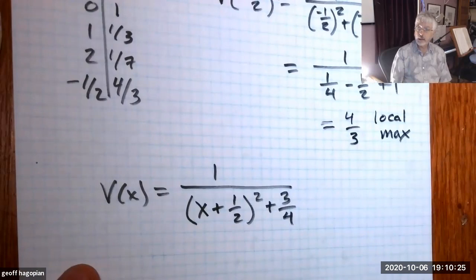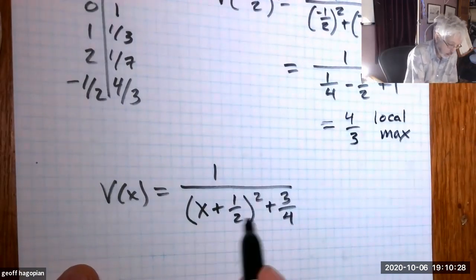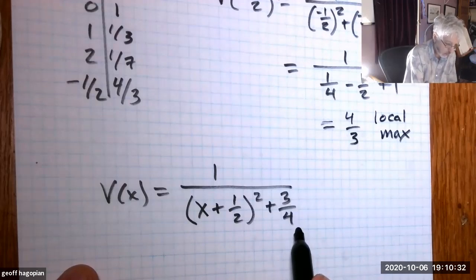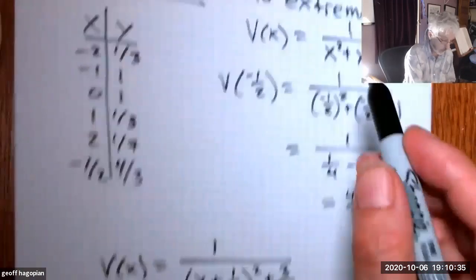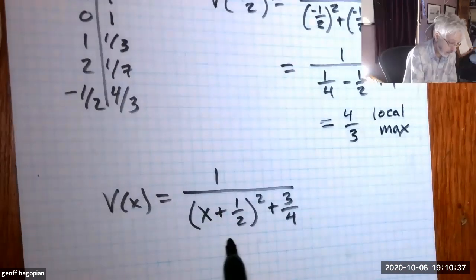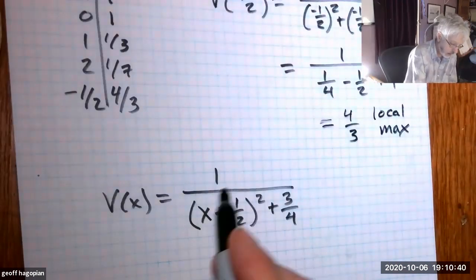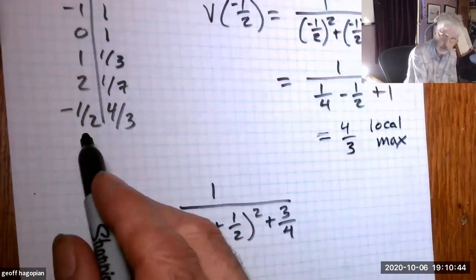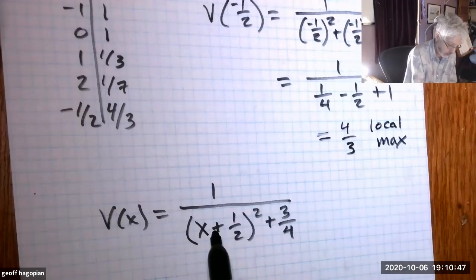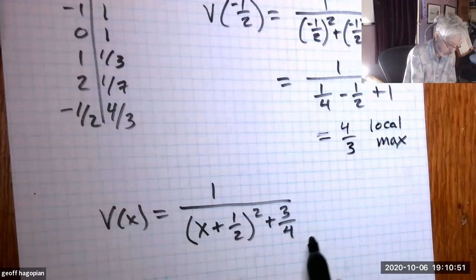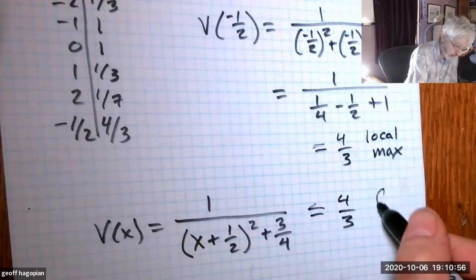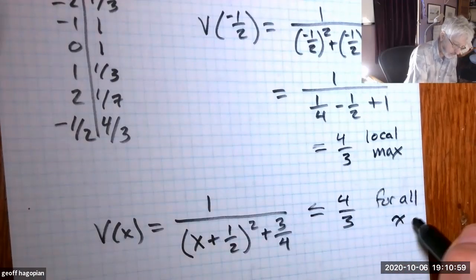Square this out and you get x squared plus x plus 1/4 plus 3/4 is 1, so you get back to here. Maybe convince yourself of this. This term is always positive, it's a square. The smallest it can be is 0, and that's when x equals -1/2. The square term is 0, and you've got the reciprocal of 3/4, which is 4/3, and that's your maximum output. So this is always less than or equal to 4/3 for all x.